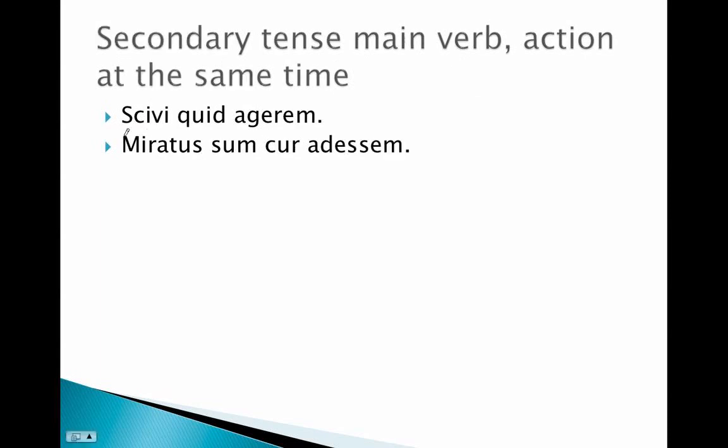And then we can have our main verb in the secondary tense, a past tense, so scivi or mirata sum. If that's the case and the actions are happening at the same time, we're going to then use the imperfect subjunctive. So agerem or adesem. So I knew what I was doing.